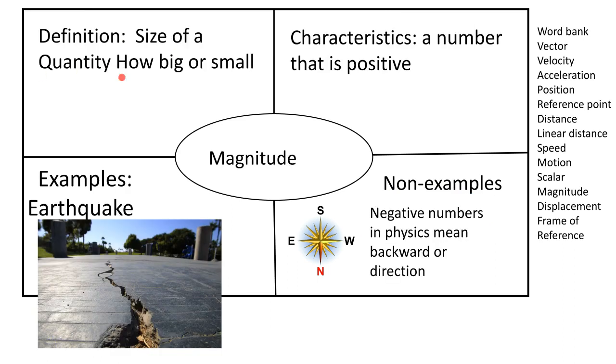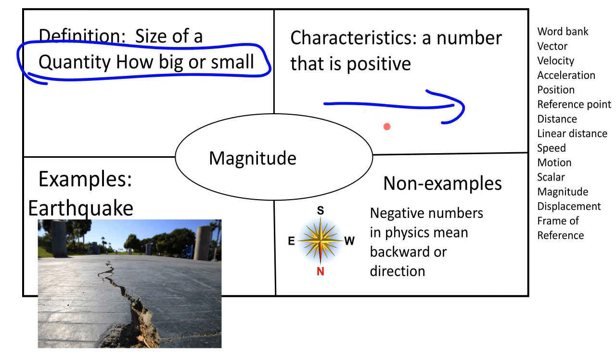Magnitude is the quantity of how big it is. So the magnitude of a vector can be its length. Sometimes we can put numbers on them. An example would be an earthquake. And it's a scalar, not meant to be a vector.